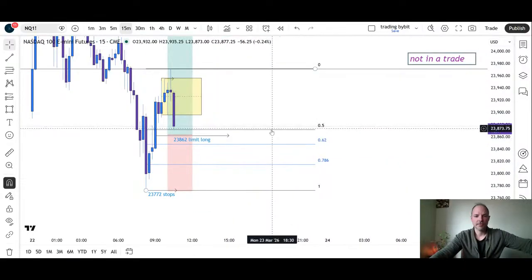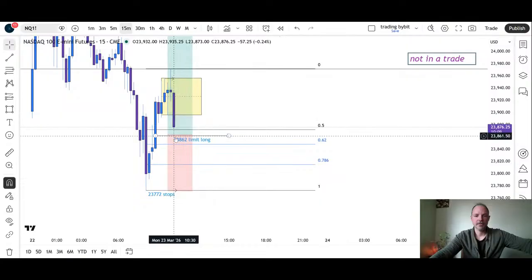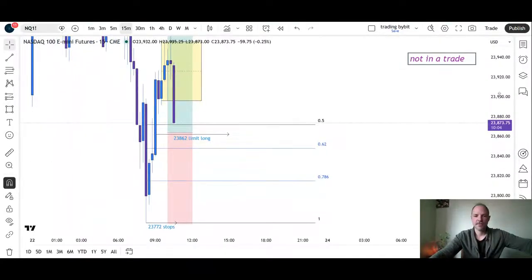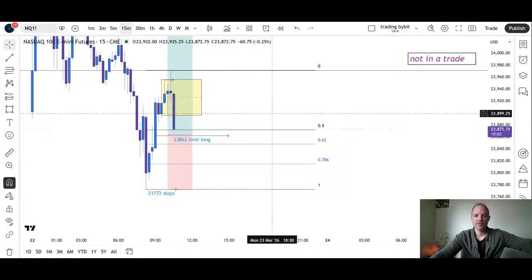I'm not that kind of trader, so I don't do that. But now I do want to see that tap at least. And in the next 5 minutes, I want to see a strong reaction back off of it.